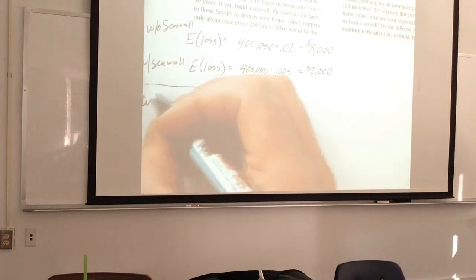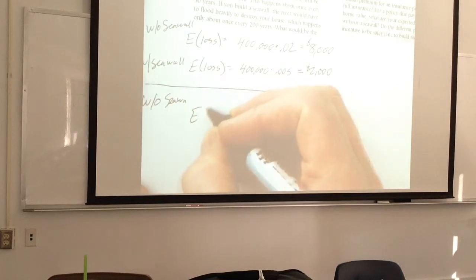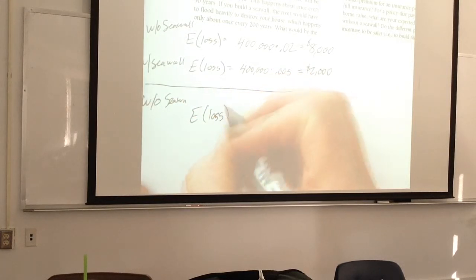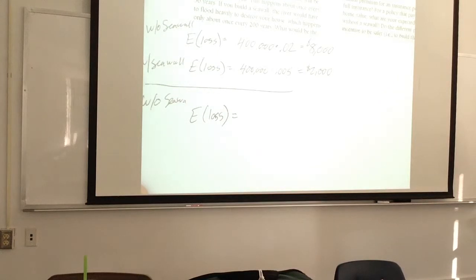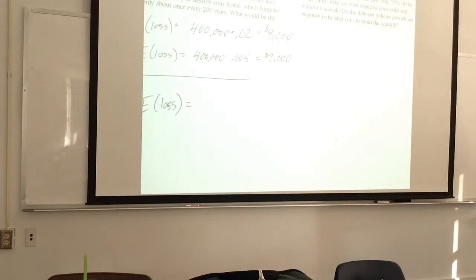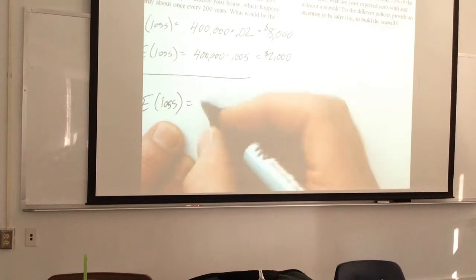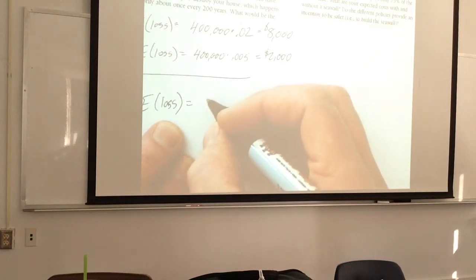So, without the seawall, our expected loss is how much for the insurance company? 6,000. Okay, and how'd you calculate that? What's their risk of loss? Well, you take the 75% of 400,000, which is 300,000. Okay, good.